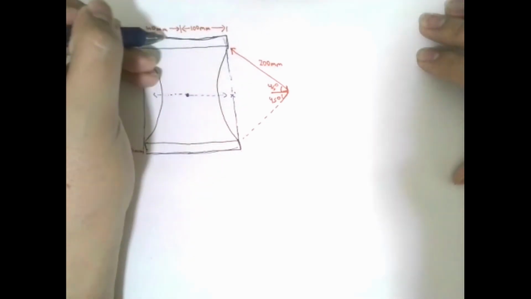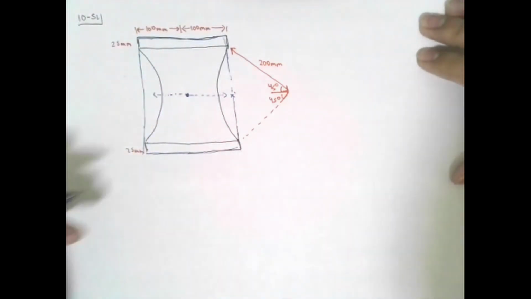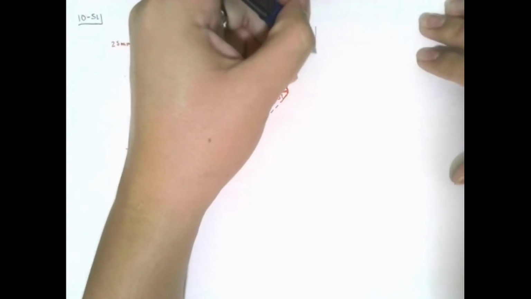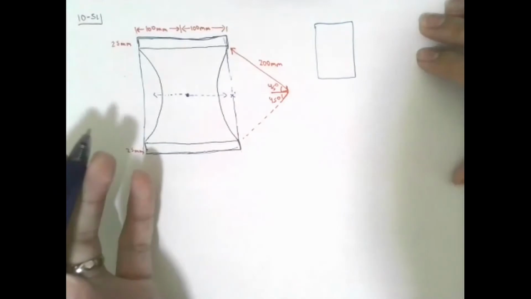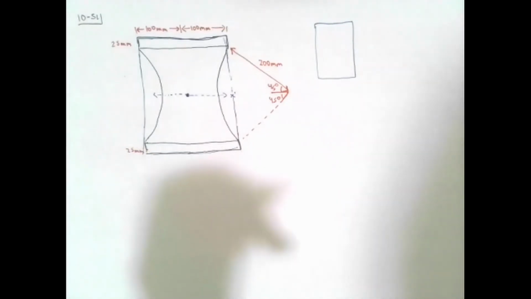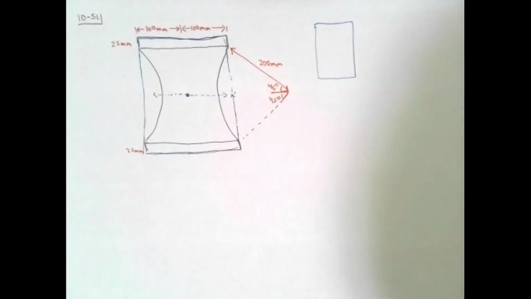All right. So we split it up into this rectangle that covers everything. However, this will give us a higher moment of inertia than what we really want, right? Because we are including a section that really isn't there.